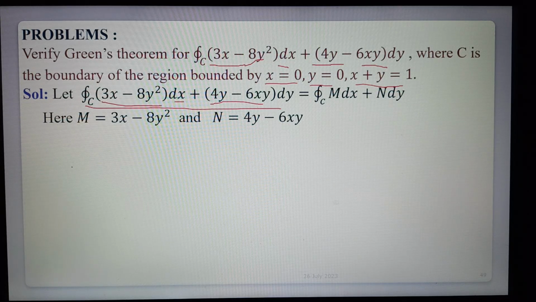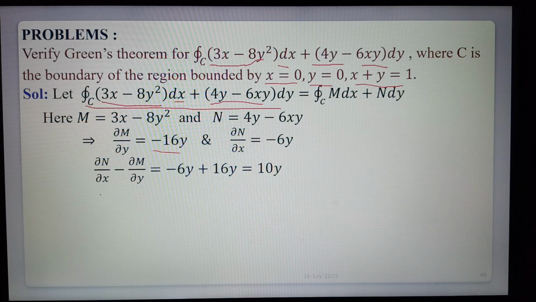Now finding dou M by dou y and dou N by dou x. Dou M by dou y, partially with respect to y, is minus 16y. Dou N by dou x is minus 6y. Therefore dou N by dou x minus dou M by dou y is equal to minus 6y minus of minus 16y, that is equal to 10y.